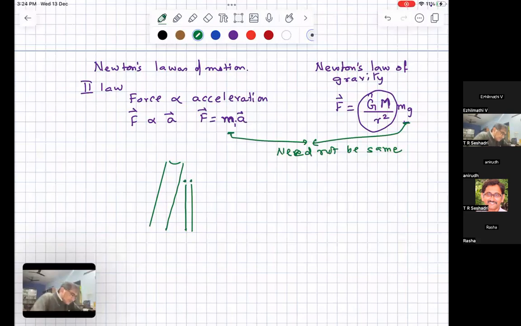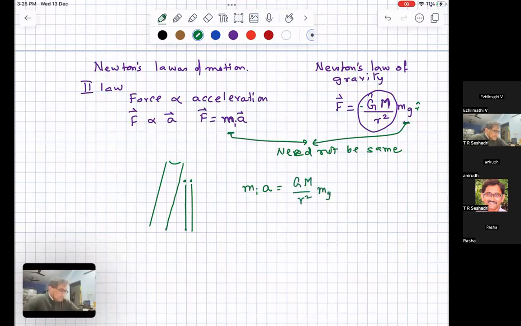Now, how is this possible? It's possible because suppose you equate these two now. Mi A is equal to, actually, I should have R. Let me just take the magnitude now. Mi A is equal to G M mg by R square.